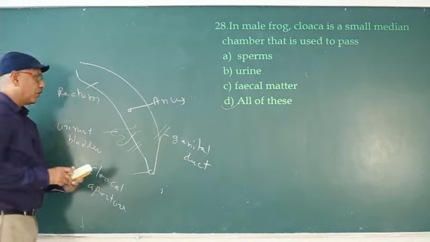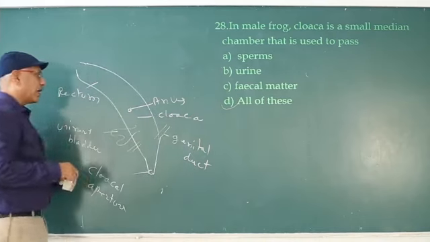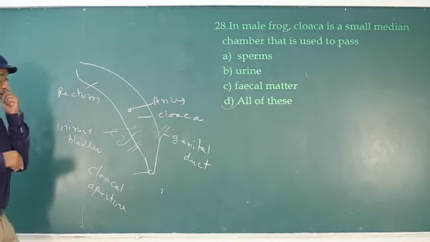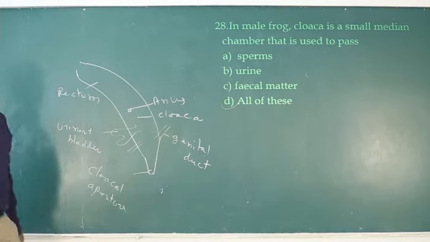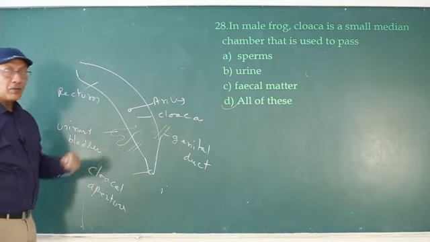Rectum opens into cloaca. Cloaca is a chamber. Urinary bladder opens into it. Genital ducts open into it. In male, they are known as urinogenital ducts, carrying both urine and genital material. In female, ureters.